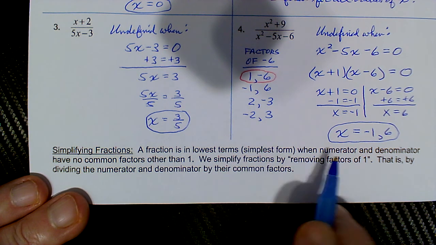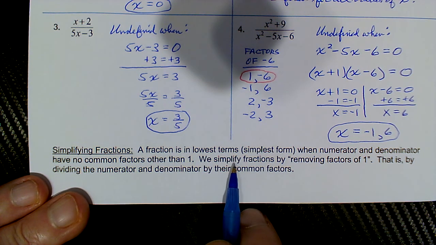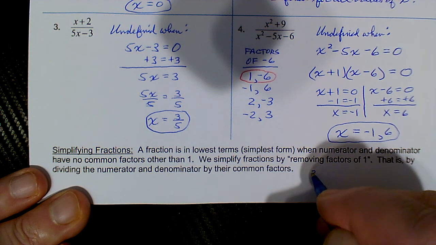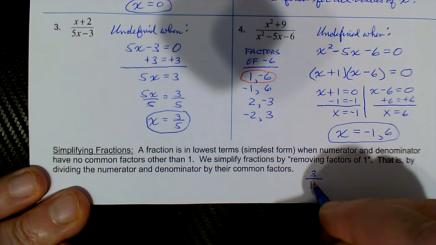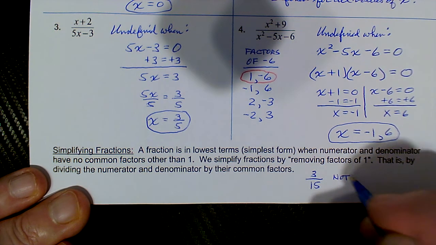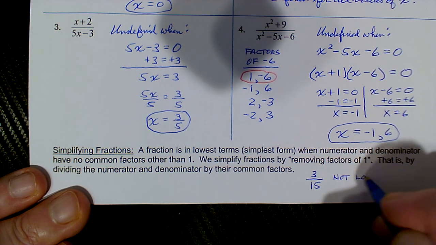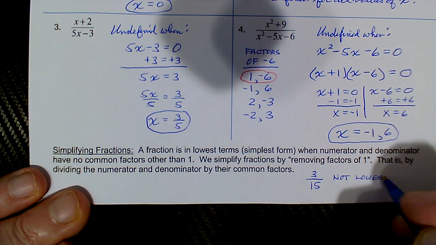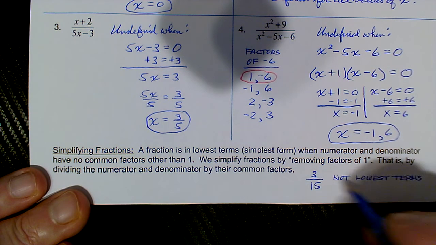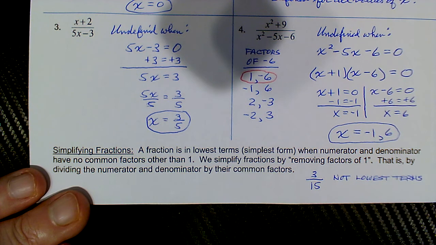For example, 3 over 15 can be reduced, so that it's not in lowest terms, because there is a factor that is common to both numerator and denominator. Formally, we say we simplify the fractions by removing the factors of 1.